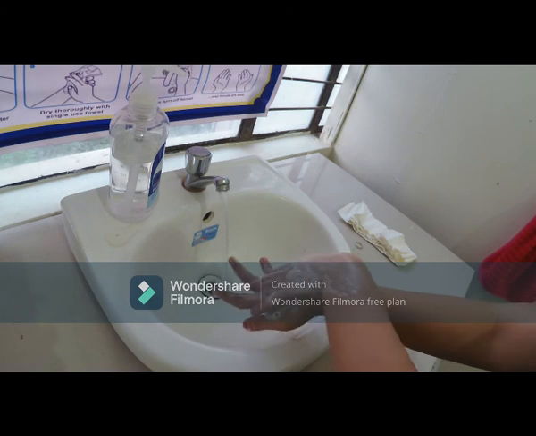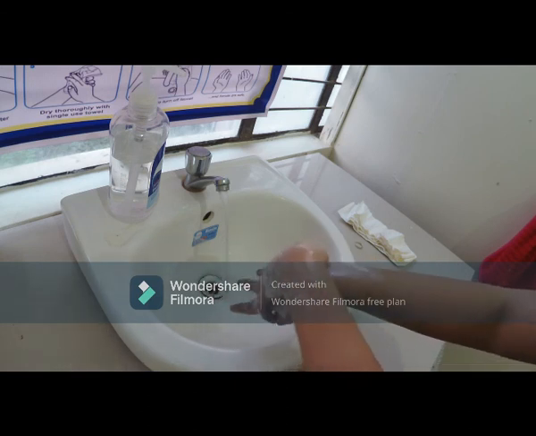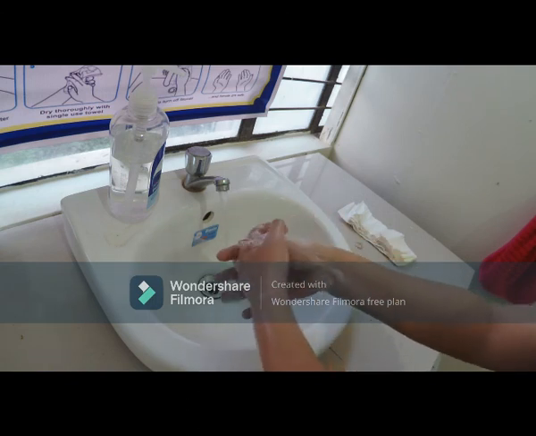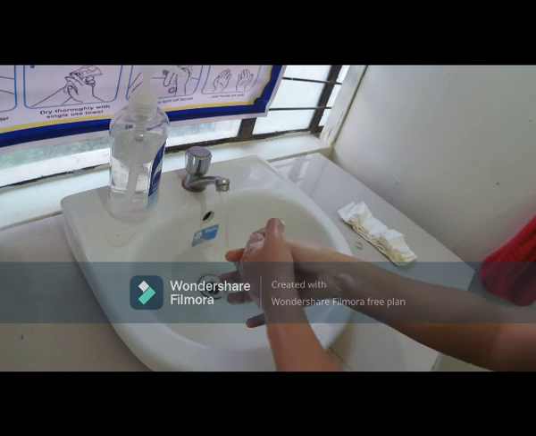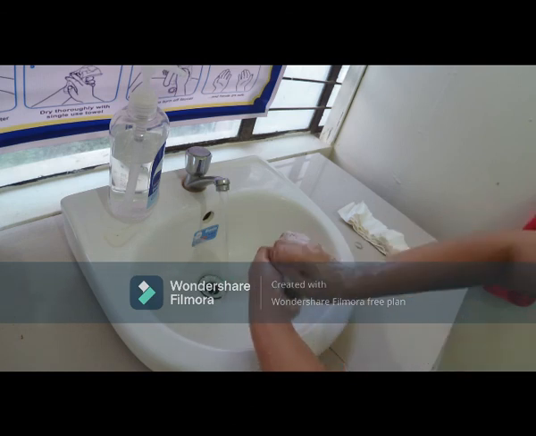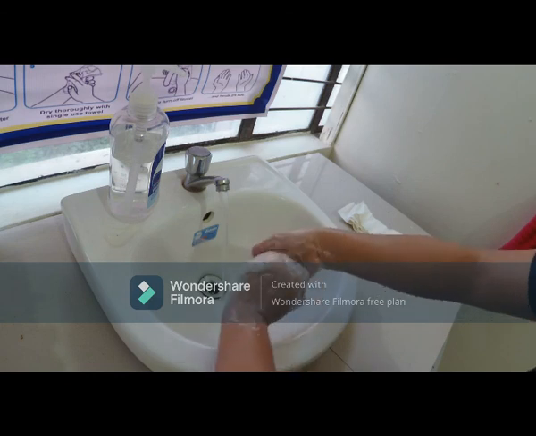And then vice versa. And then next is palm to palm with fingers interlaced. And then the fifth procedure is back of the fingers to opposing palms with fingers interlocked. And then vice versa.